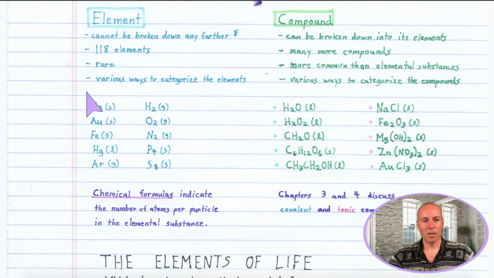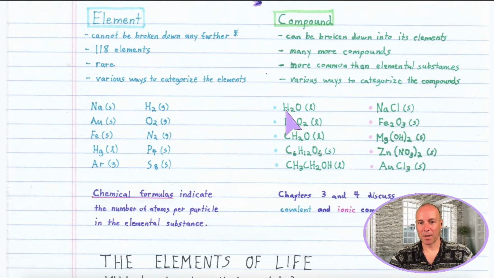And so you can compare the chemical formulas for elements with those of compounds. Now, of course, compounds have more complicated formulas because they have different types of atoms in the chemical formula. So water, for instance, is H2O, liquid. Water normally comes in the liquid phase.